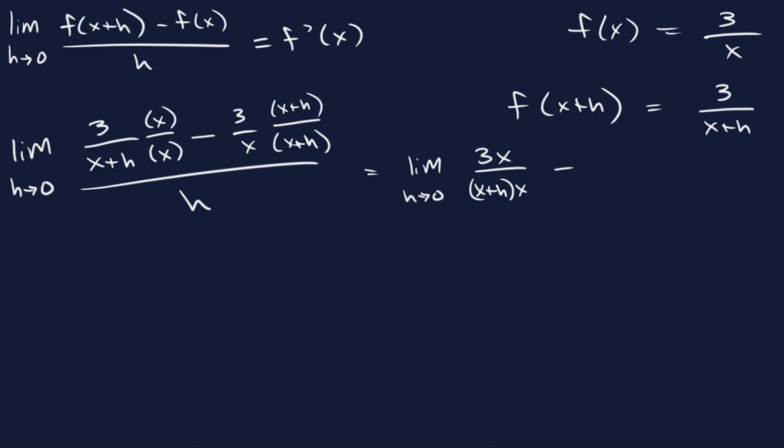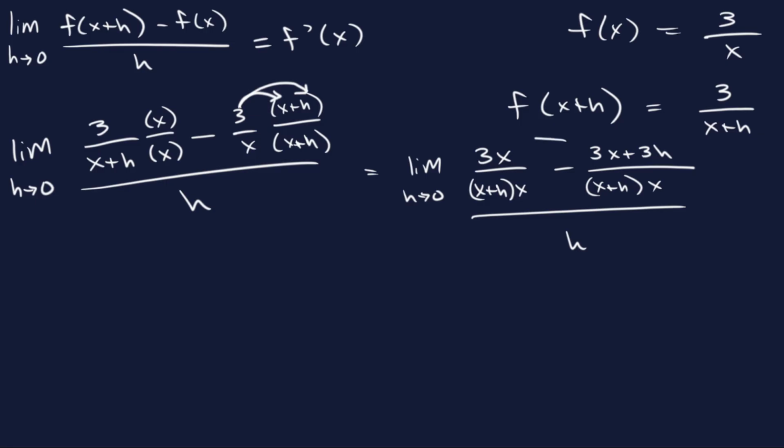And minus, and then 3 times x plus h, I'm going to distribute this 3 into each of these two terms to make it 3x plus 3h, and then over x times x plus h, which I'm just going to write as x plus h times x for consistency. And then don't forget the over h. Because each of these terms now has the same denominator, now we can combine them.